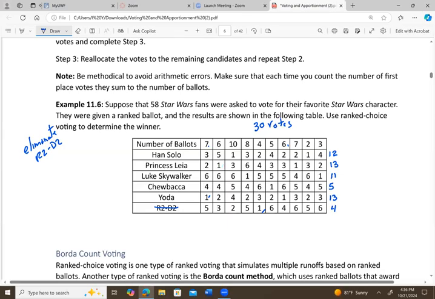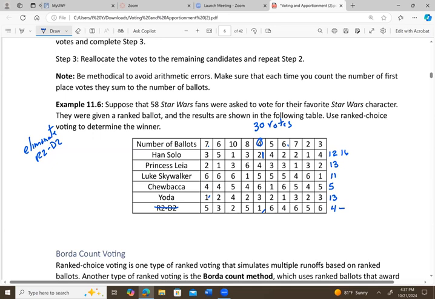That means that Han gets these first place votes. The only difference here is Han gets these additional 4. So now Han has 16 and R2-D2 has none. Still nobody has a majority.